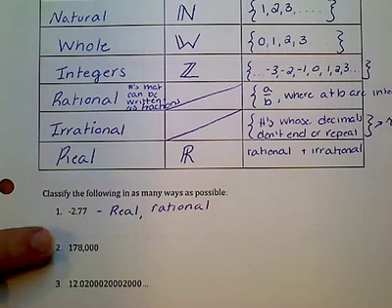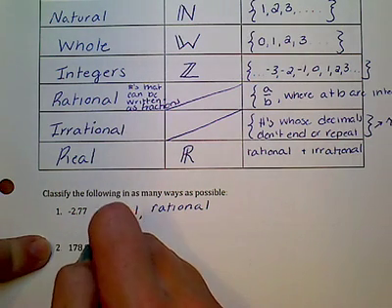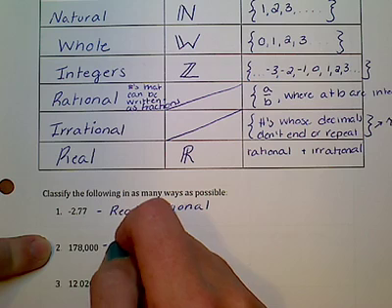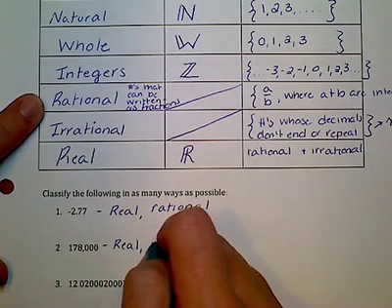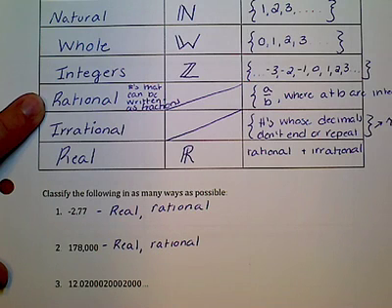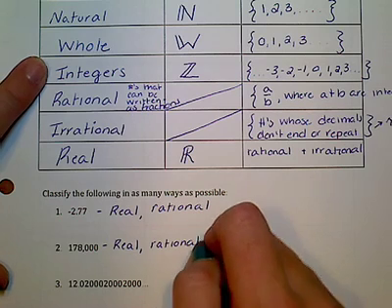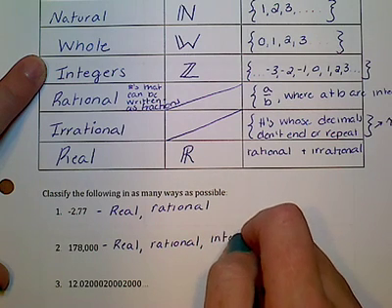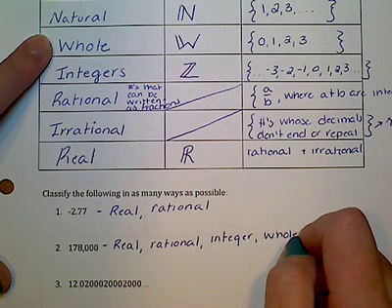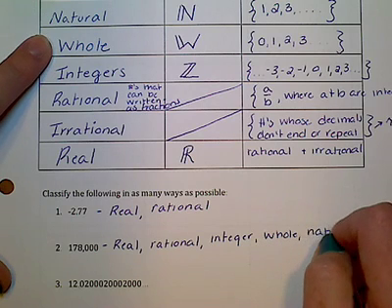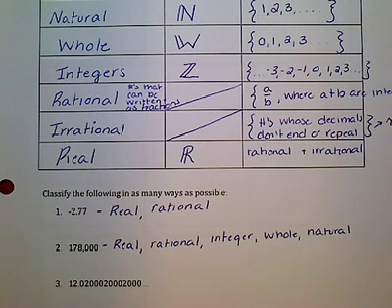All right, number 2, 178,000. That's definitely a real number. And it's also rational. The reason it's rational is I could write that number over 1 and we'd be writing it as a fraction. It is also an integer because it doesn't have that decimal. It is also a whole number, and it is also a natural number. Okay.